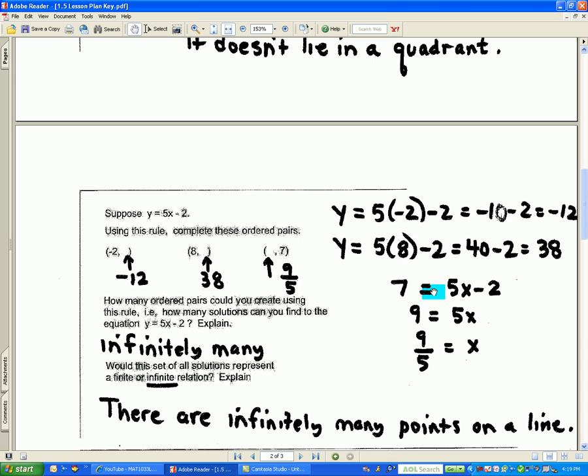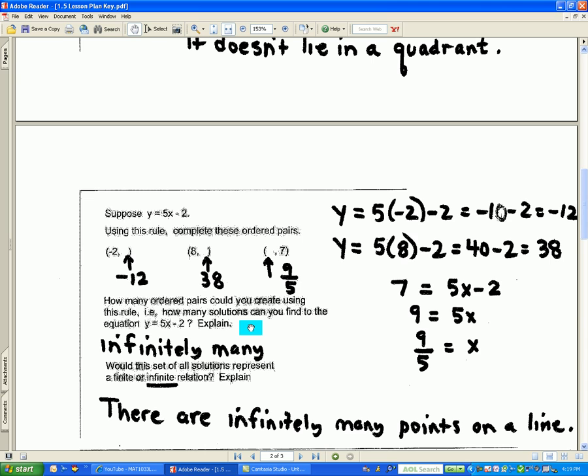To solve an equation, we need to get the x alone on one side, so we add 2 to both sides. That results in the equivalent equation 9 equals 5x. And to get x alone, we divide both sides by 5, thus getting the answer x equals 9/5. So the ordered pair 9/5, comma 7 is another solution to this equation.